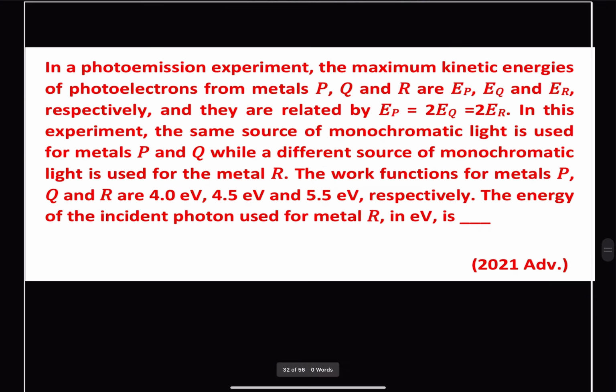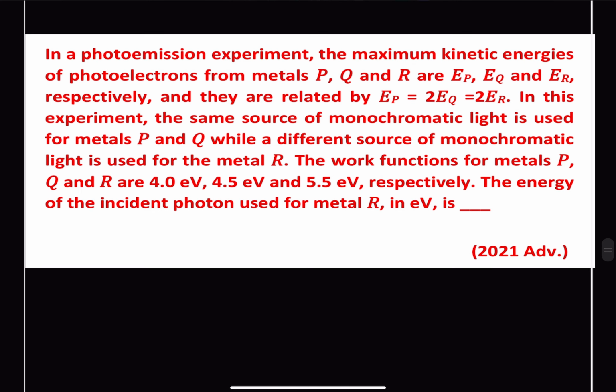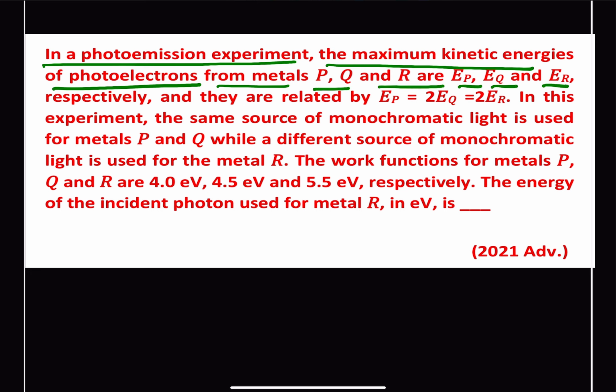Next question. It states that in a photoemission experiment, the maximum kinetic energies of photoelectrons from metals P, Q and R are EP, EQ and ER respectively. They are related by EP is equal to twice of EQ is equal to twice of ER.